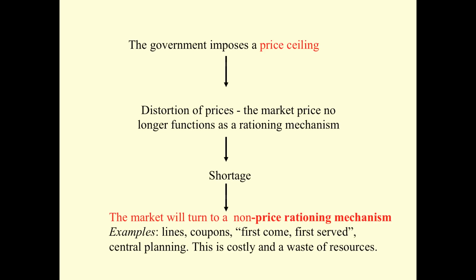Central planning might decide who gets what. This is very costly and a waste of resources and can really end up with some kind of nasty outcomes. For example, if people who are willing to pay a higher price don't get access to it, then firms may say, well, I'm only going to give the product to people that I know or people who are friends of mine and so on. And you can end up with some really distorted outcomes.